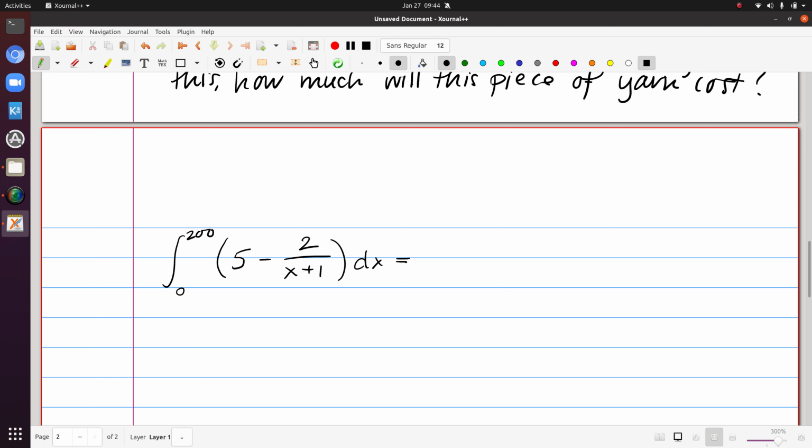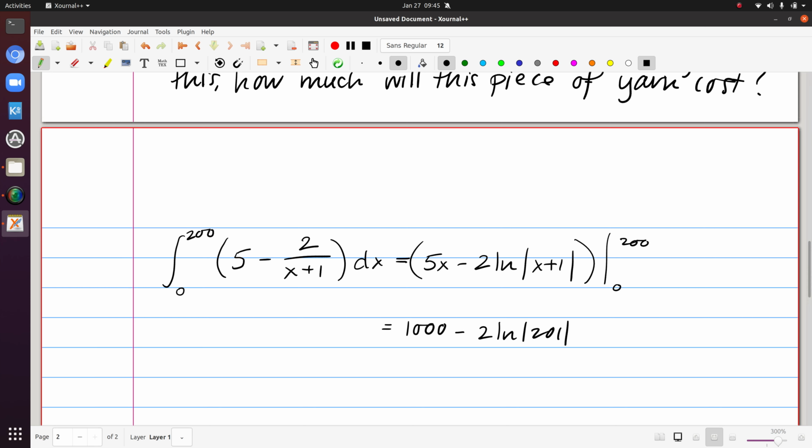If we integrate this, we're going to get 5x minus twice the natural log of the absolute value of x plus 1. And again, I'm going to evaluate this from 0 to 200. So this gives me 1,000, which is what we would have gotten just computing the first part, minus, though, from this rebate, 2 natural log of 201.